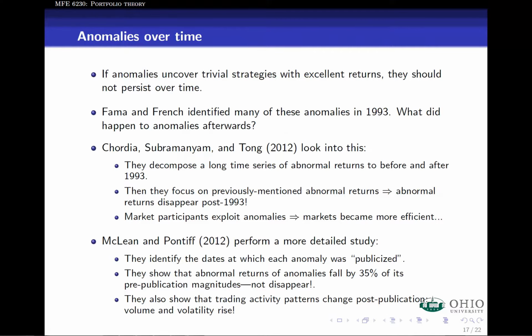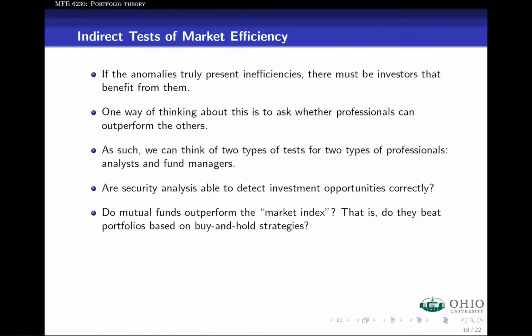That means that if someone is in the industry, is an expert, and knows what's going on, they should be able to take advantage of these inefficiencies very well, right? So if they are inefficiencies, there should be people who make money off of the inefficiencies all the time, okay?